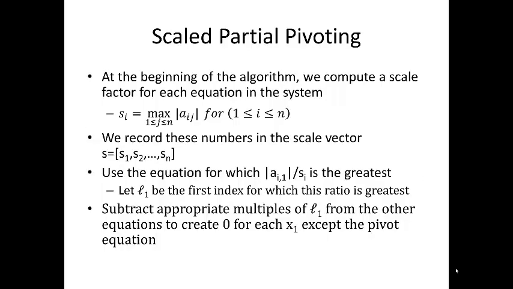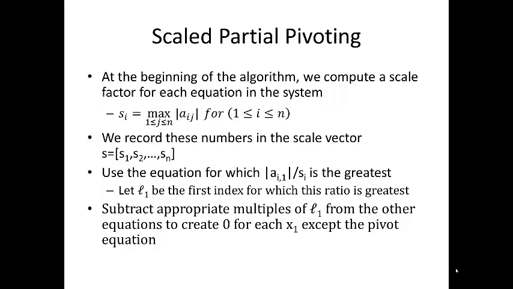So, for scaled partial pivoting, at the beginning of the algorithm, we compute a scale factor for each equation in the system. We call this scale factor S sub i, and it's the maximum of the absolute value a sub ij for j from 1 to n.